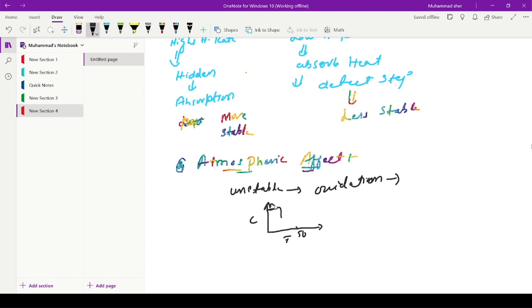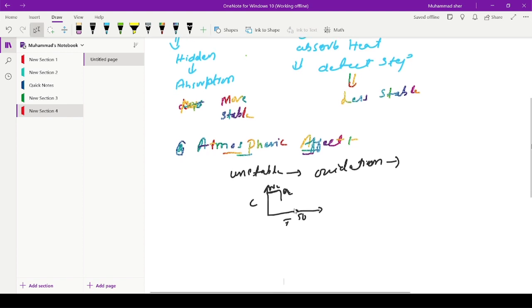For example, here it is our nitrogen environment, and at this stage our oxygen is present, so this compound will react with the oxygen and oxidation will occur. So we will not properly observe why this curve has occurred. We will usually think that this curve has occurred because of the usual phenomena, but it will not be because of that 50 degrees centigrade. It will be because of the presence of the oxygen. So atmosphere can also affect our thermogravimetric analysis.